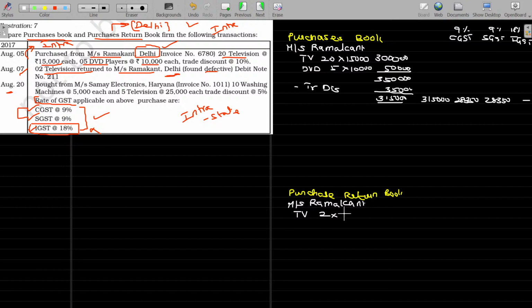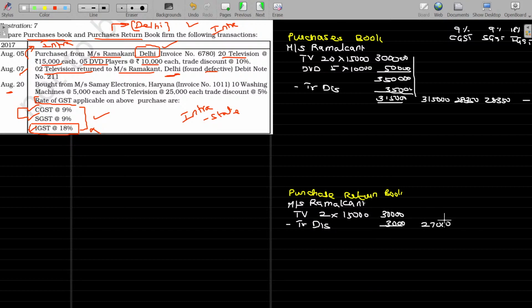Each TV costs us rupees 15,000. Though value is given or not, we can refer from the previous one. 30,000 rupees and trade discount is also applicable. Trade discount, just take the value from here. 3,000 rupees, 27,000.